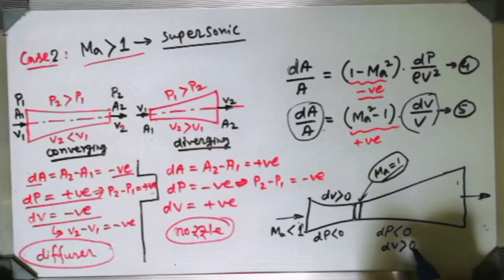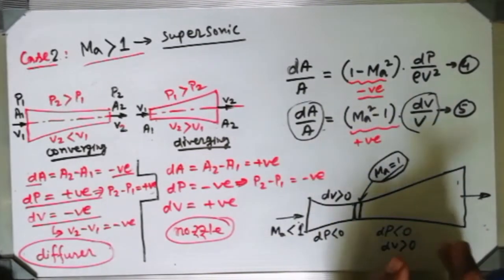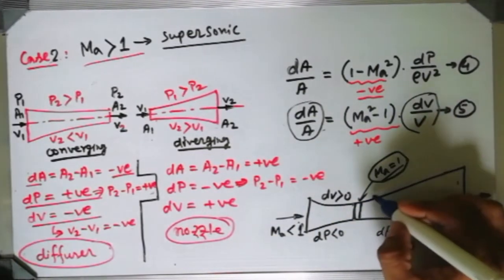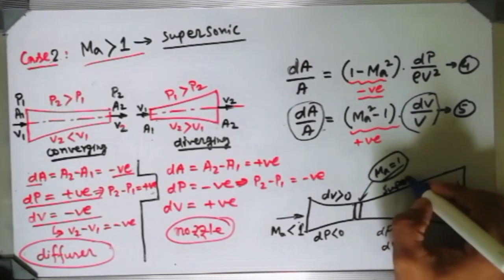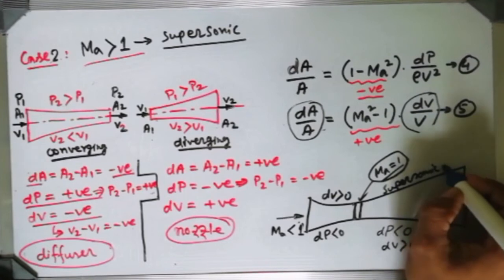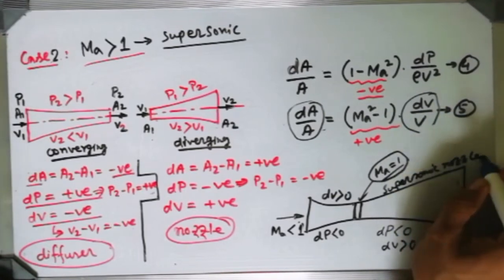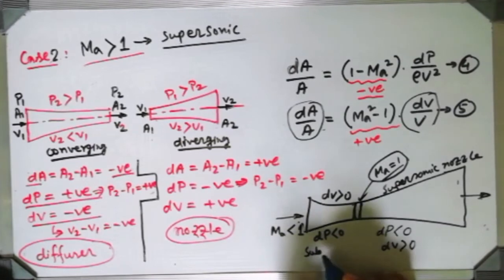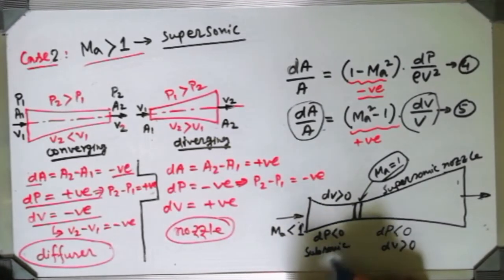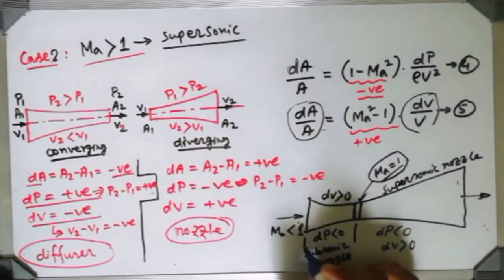This diverging part is known as the supersonic nozzle. And this converging part is known as the subsonic nozzle. This part and that part.